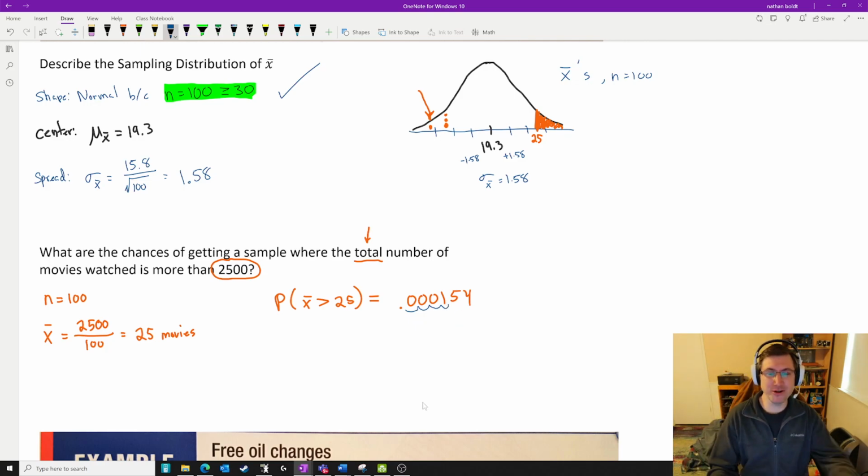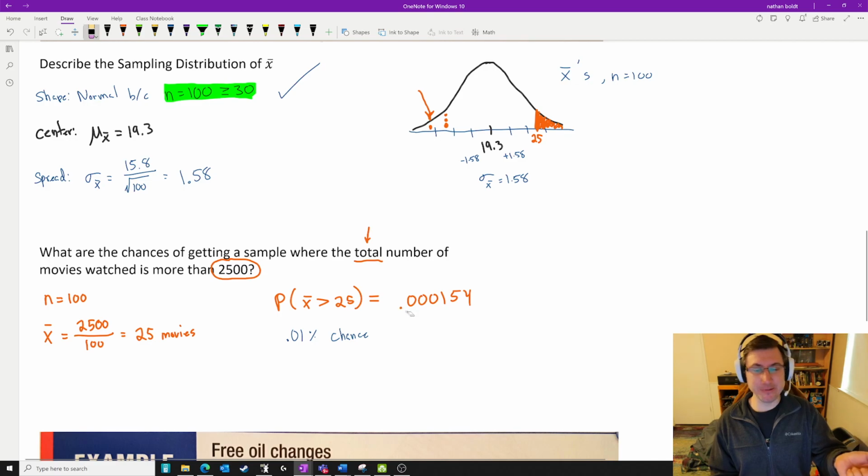So there's almost no chance of this happening because that is a 0.01% chance. I know a lot of decimal place moving, but to get the probability, I had to move it over 4. To turn it into a percent, I had to move it back 2. So, 0.01% chance that we have a total of more than 2,500 movies, or of an average bigger than 25.